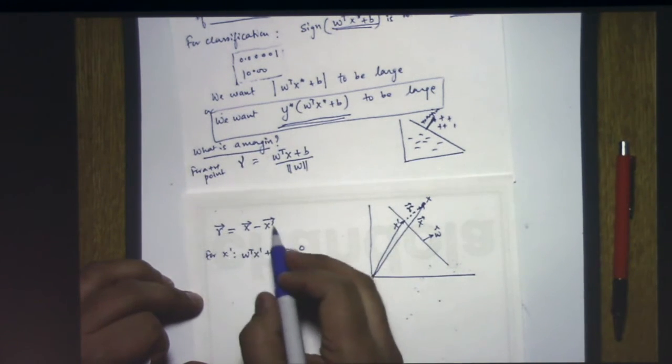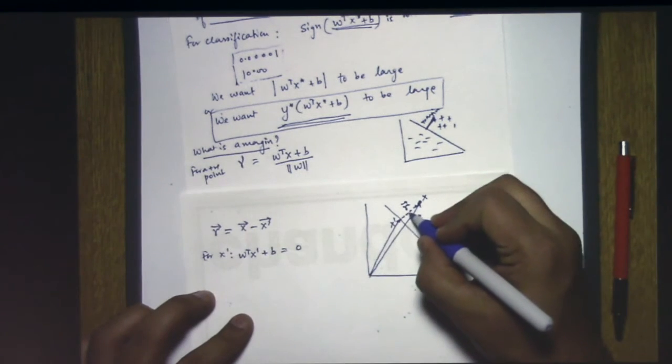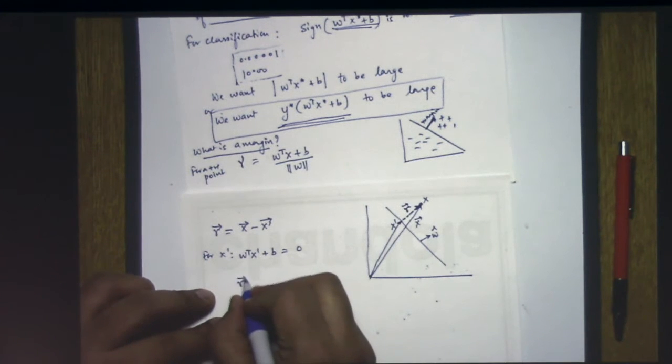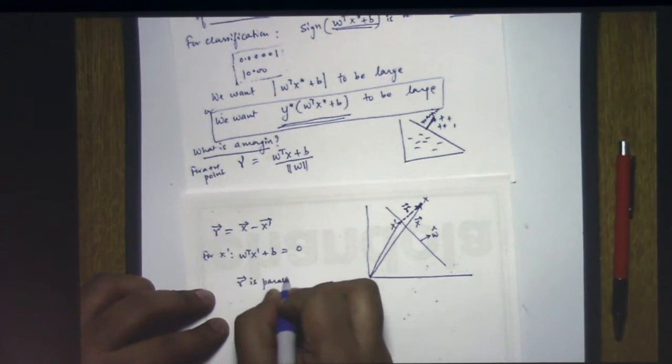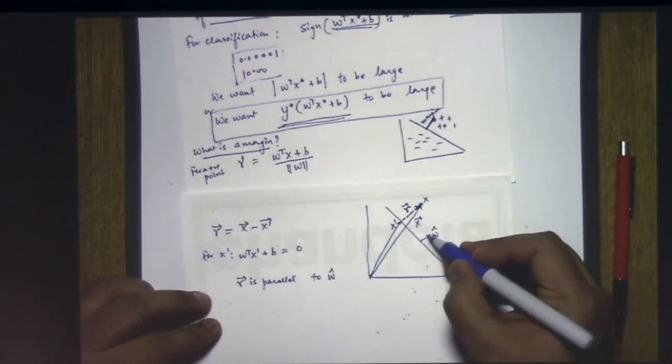I don't want to confuse you with new terms. Now what is R? R is a vector which is perpendicular to this line, which means that R is parallel to this, because this is a vector and this is perpendicular.